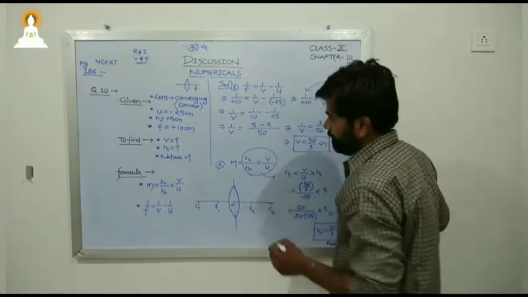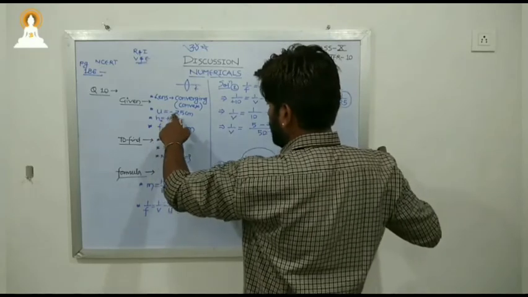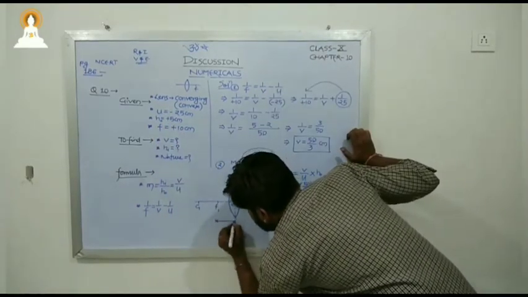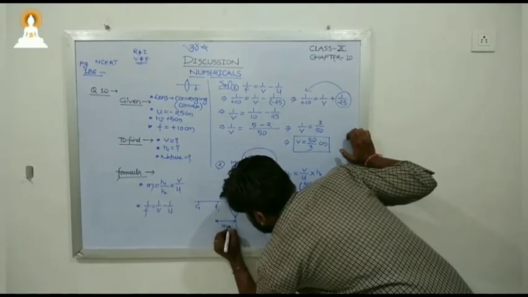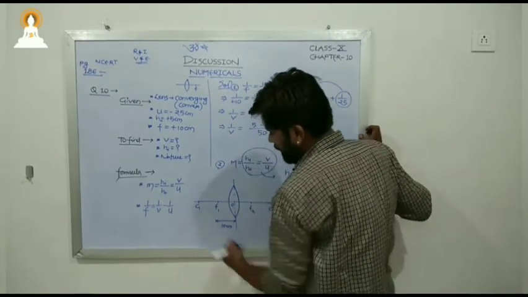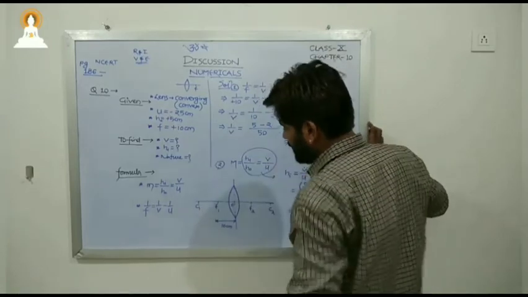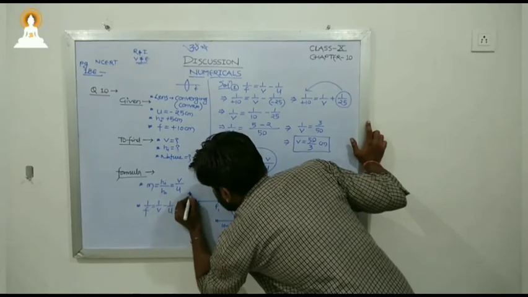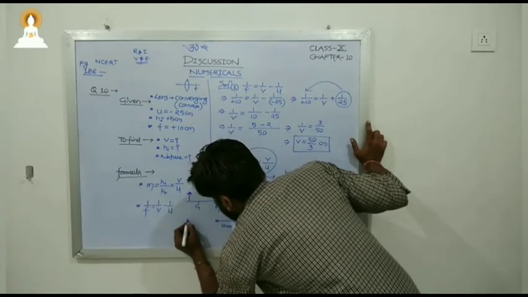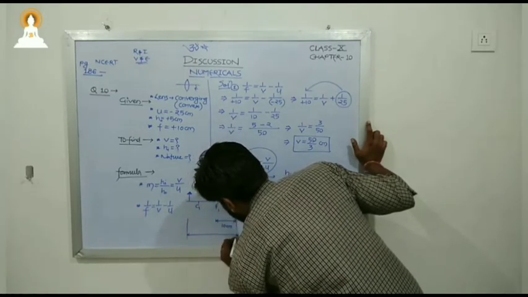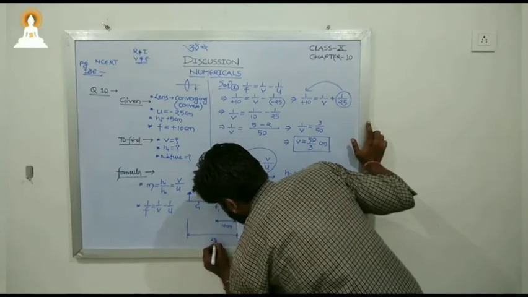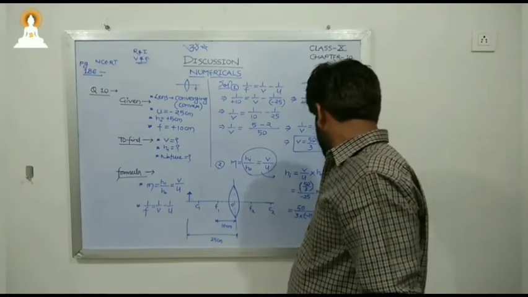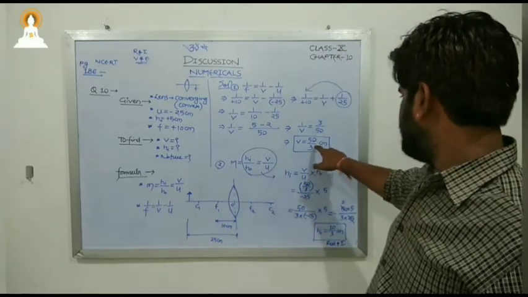Now if focus is at 10 centimeter, then C will be 20 centimeter, but the object is at 25 centimeter. It means the object will be beyond C. So this is approximately 25 centimeter. Now the image we are getting is at 50 by 3.